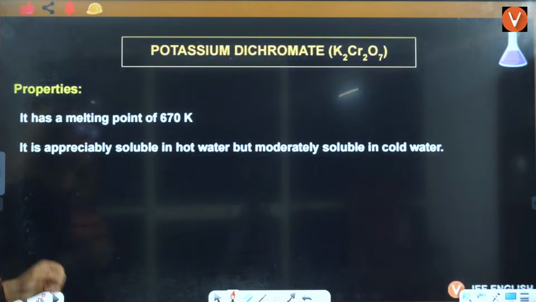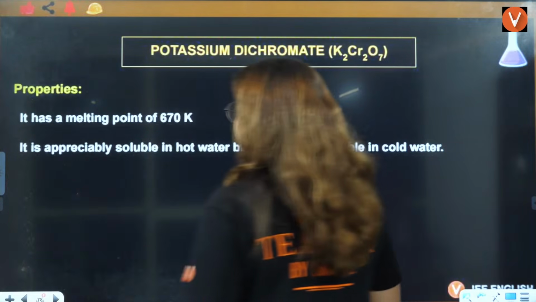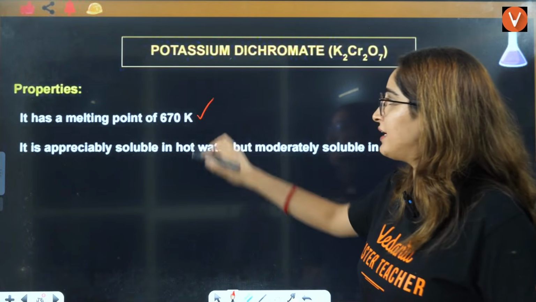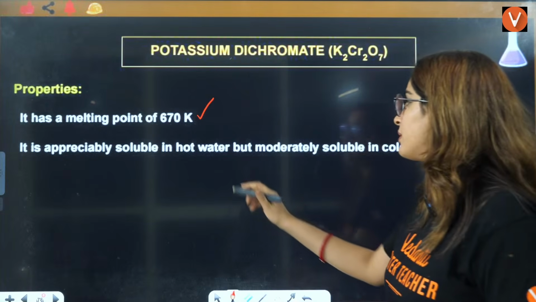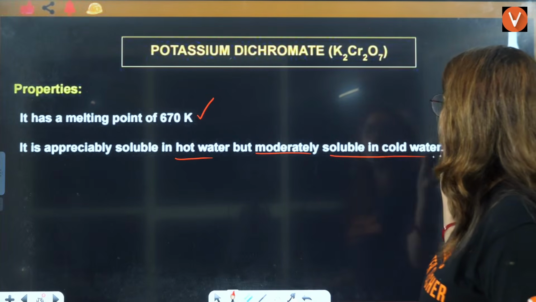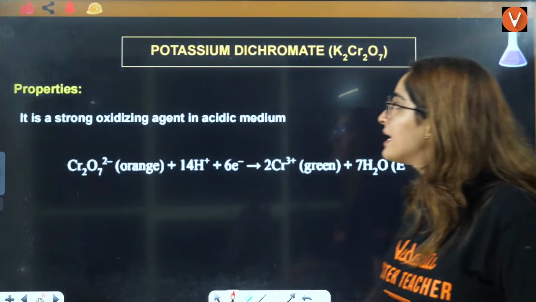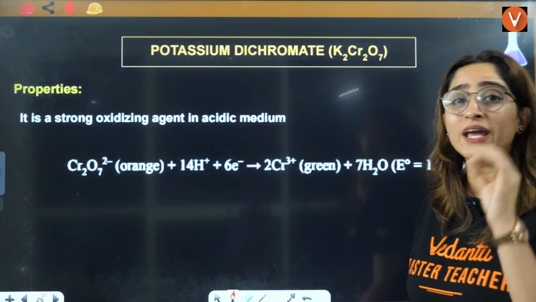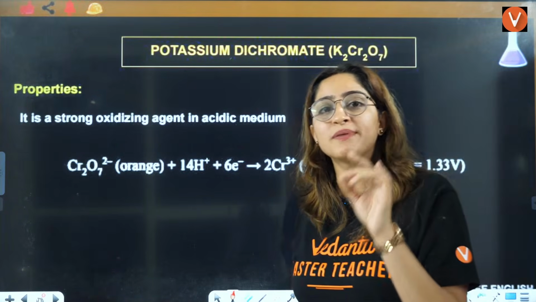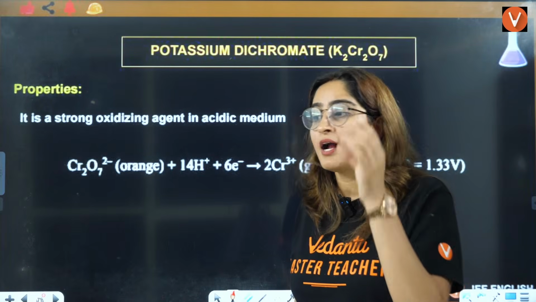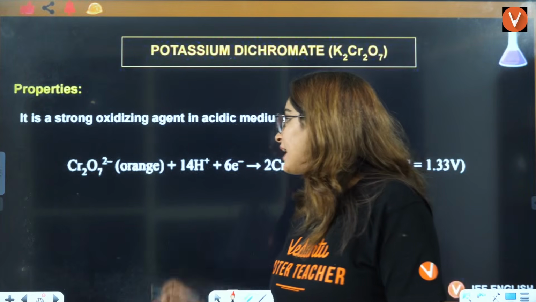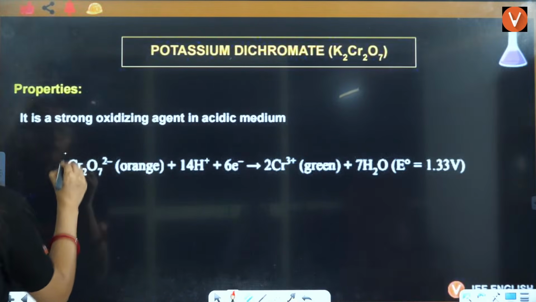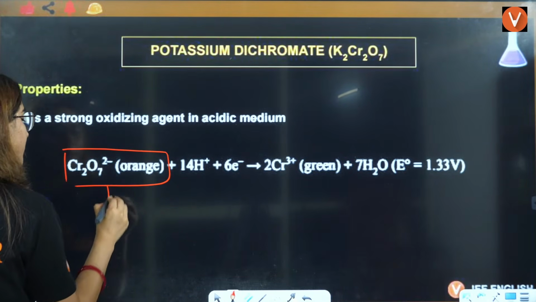So now, next: it has a melting point of 670 Kelvin. It is appreciably soluble in hot water, but moderately soluble in cold water, right? It is a strong oxidizing agent. Now in alkaline medium, in basic medium, tell me everybody, what will happen?